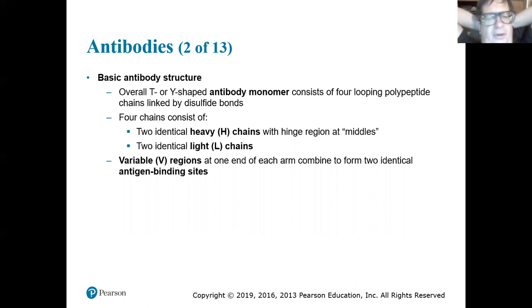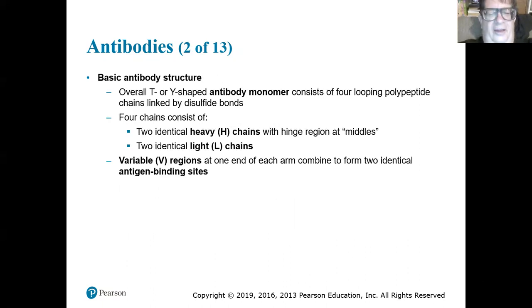Nice strong covalent bonds there. These 4 chains are 2 heavy chains, 2 light chains. The variable regions at the end of each arm combine to form 2 identical antigen binding sites.